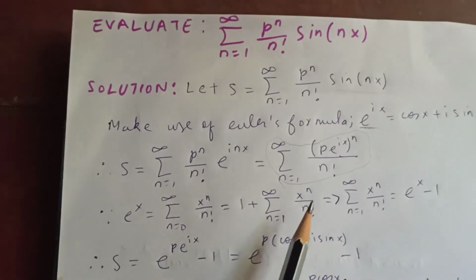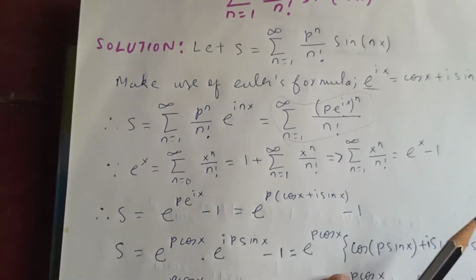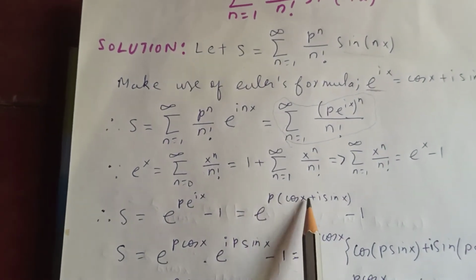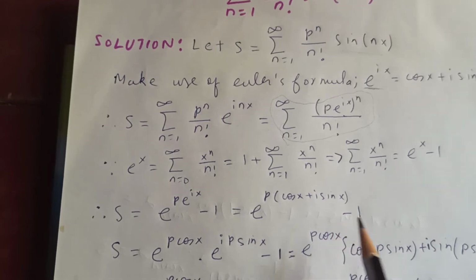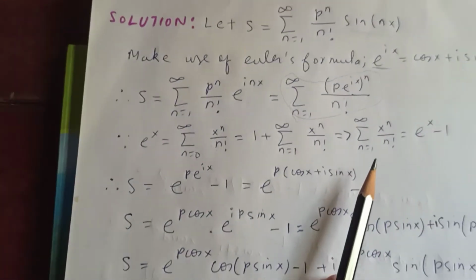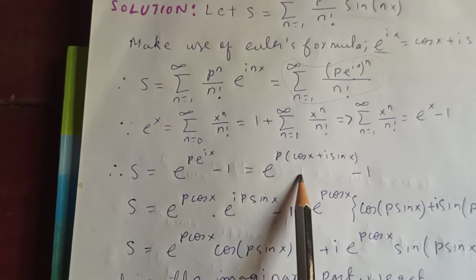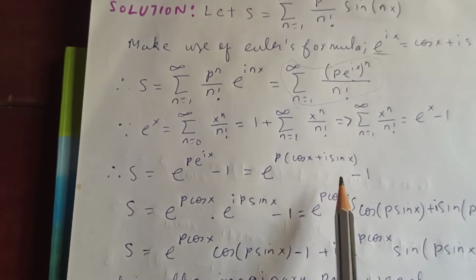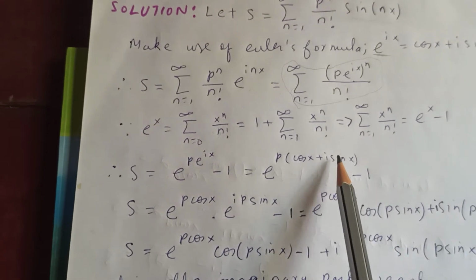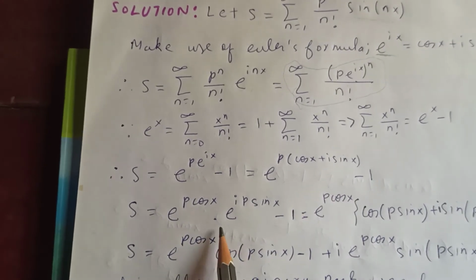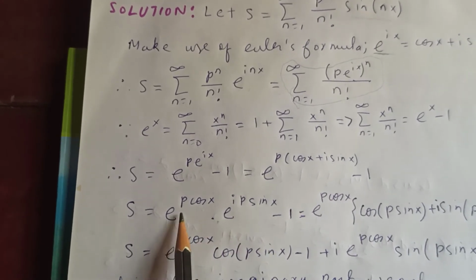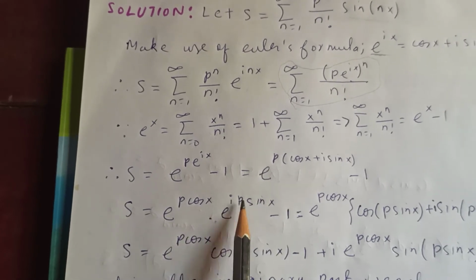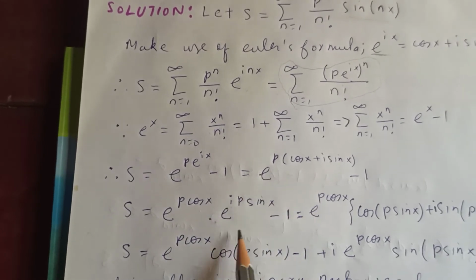So e to the ix is again what? Let's split it again: e to the p times cos x plus i sin x, and minus 1. Using this identity, we can break this exponent into a product, since it is a sum. So e to the p cos x into e to the ip sin x, minus 1.